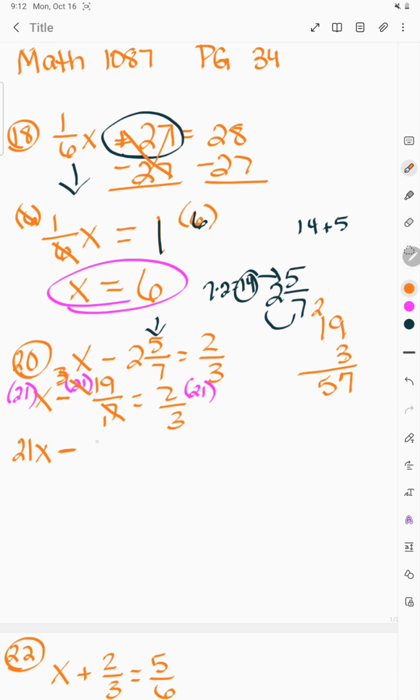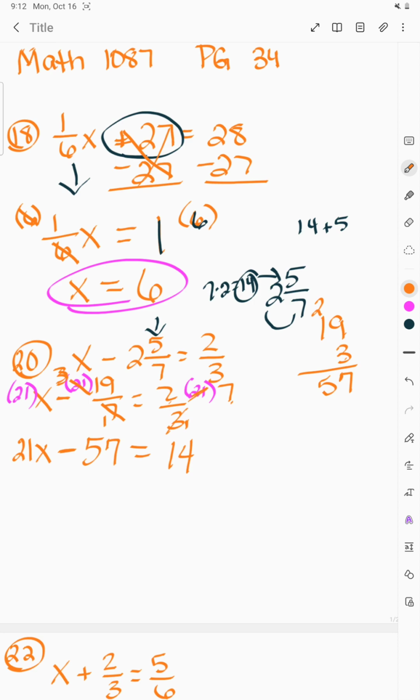Plus 2 is 5. So 57 equals 3 goes into 3 one time. 3 goes into 21 7 times. And 2 times 7 is 14. Okay, so if you don't know how I got that, you need to pause the video and rewind a little bit to rewatch that to see how we got to this.